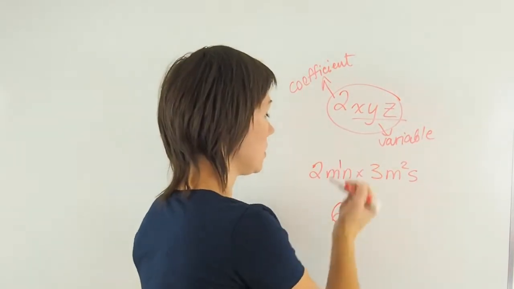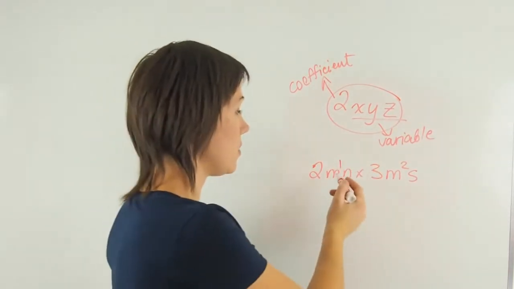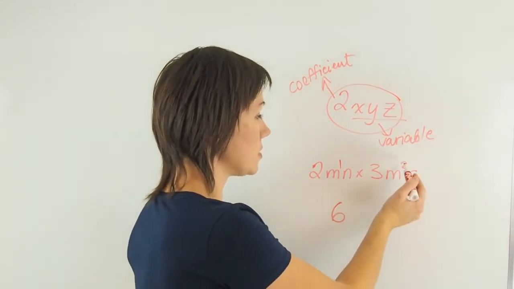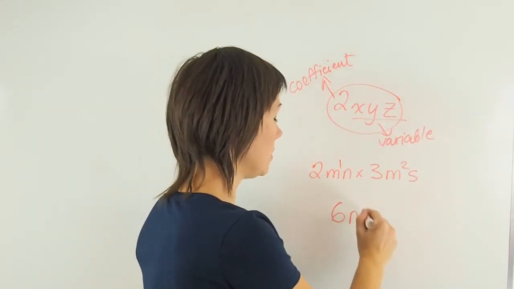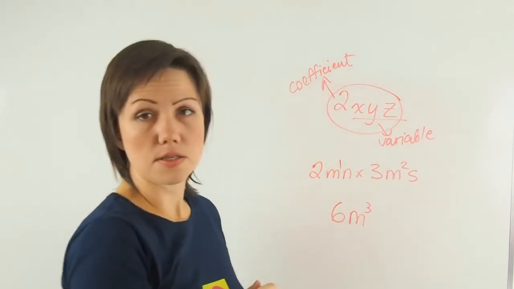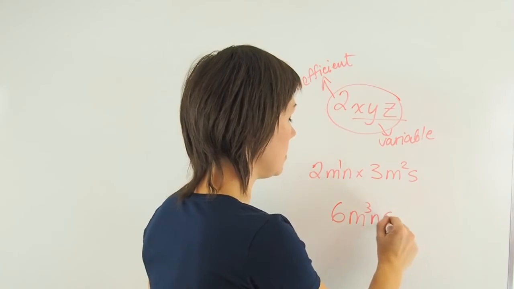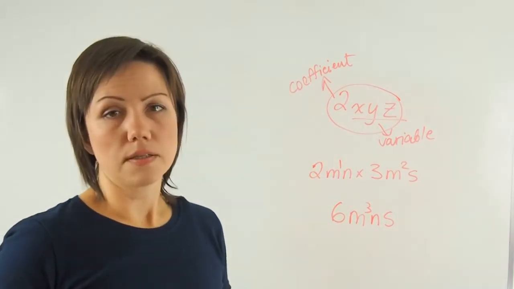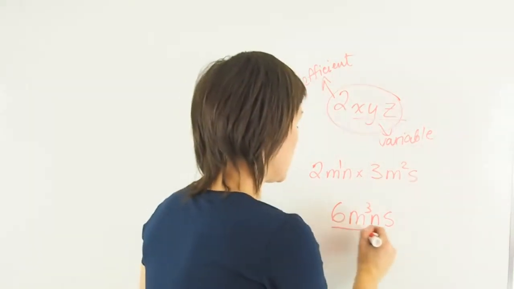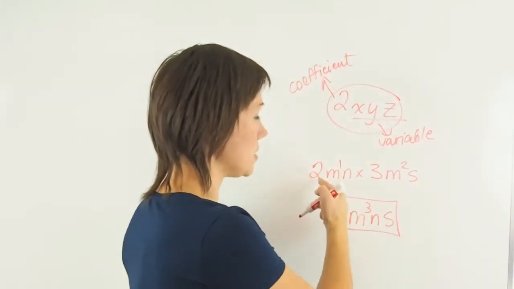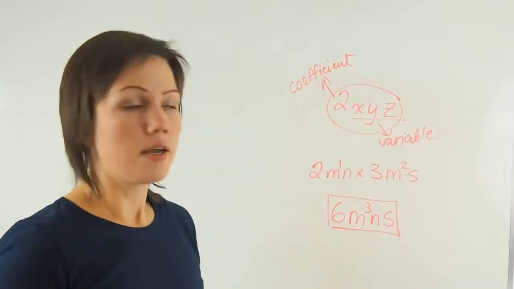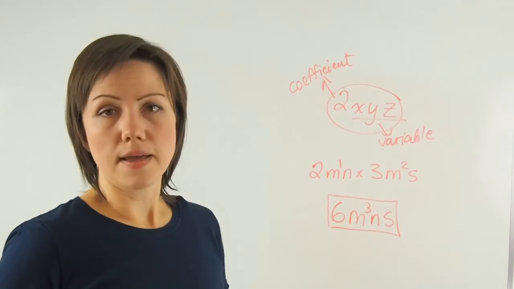This is to the exponent of 1, so m to the power of 1 times m squared will give me m cubed. I'll add 1 plus 2. And then n and s are two separate variables that cannot be combined. So the simplified expression after multiplying two monomials here is 6m cubed n s.